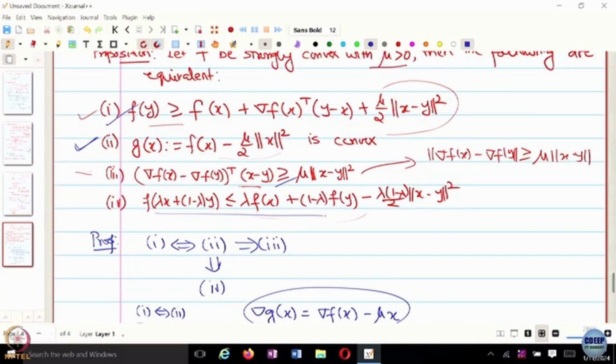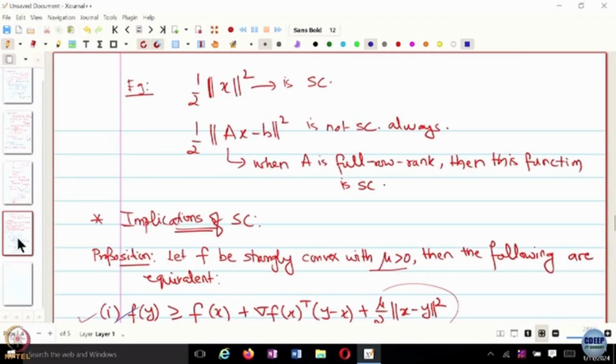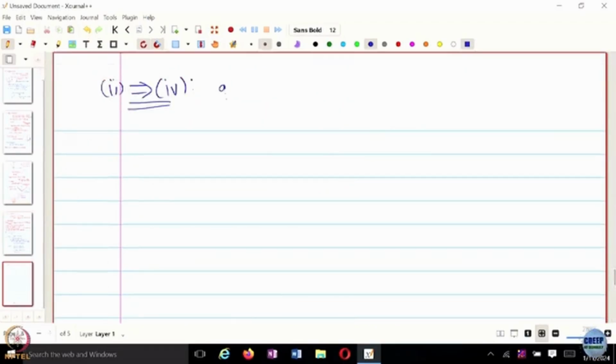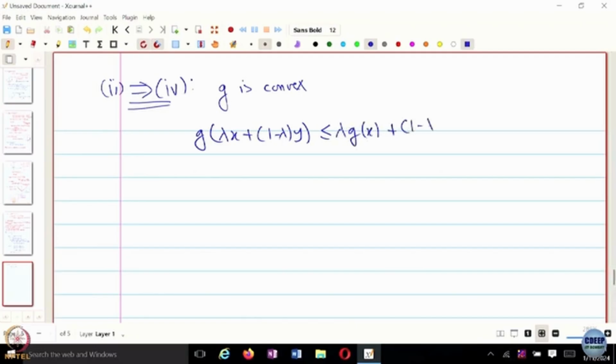And the final thing is that we need to show this particular result. Again, it follows naturally if we use this. This result is often used in proving other results. If you want to show that 2 implies 4, we basically need to use the other definition of convexity: if g is convex, then g of lambda x plus 1 minus lambda y is less than or equal to lambda g of x plus 1 minus lambda g of y.